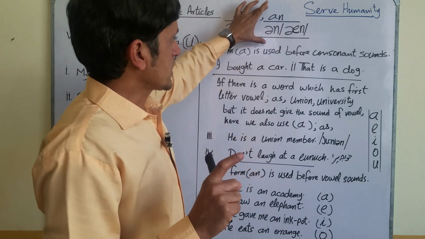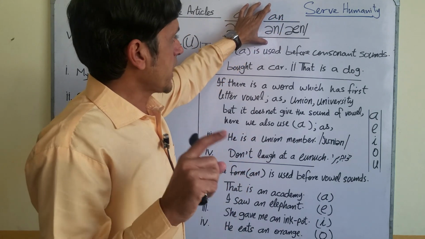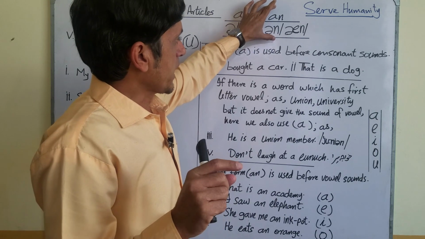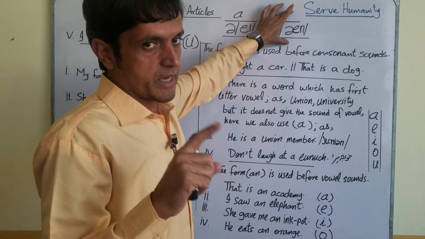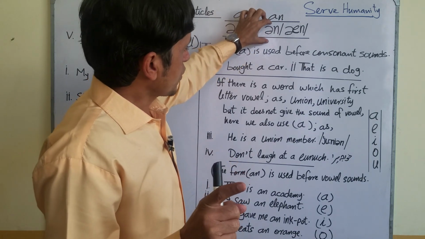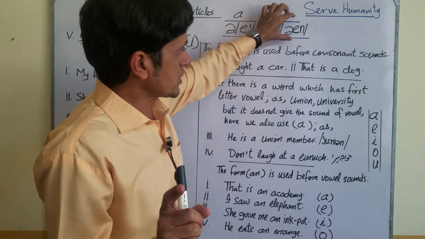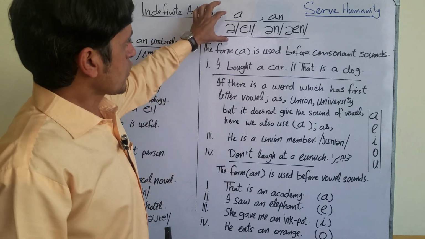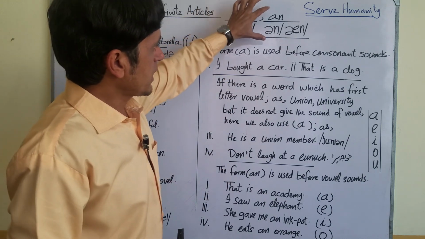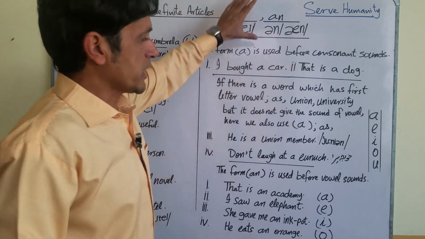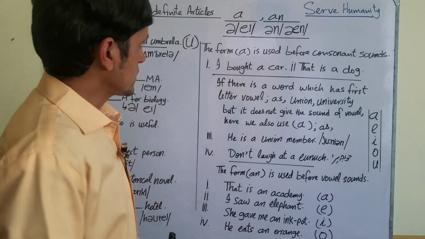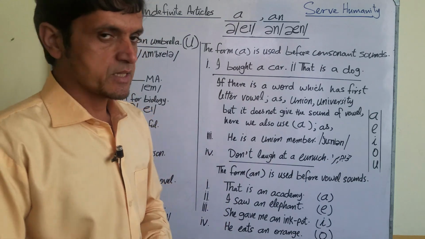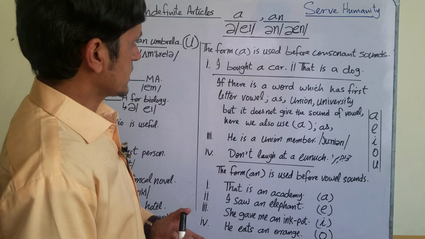For example, you can say an apple, an umbrella. So this is weak or normal pronunciation, and this is strong pronunciation. Okay, so a, an, these are called indefinite articles.